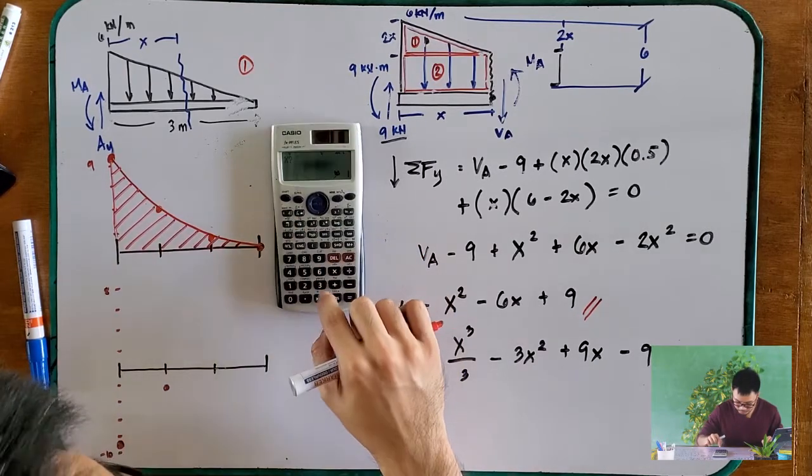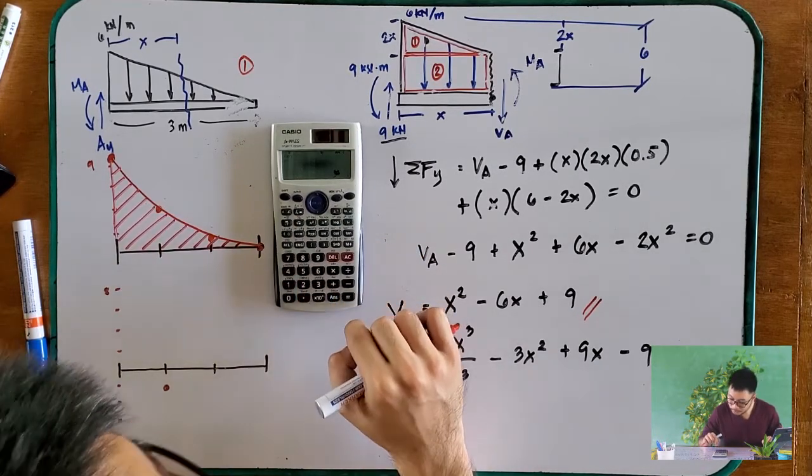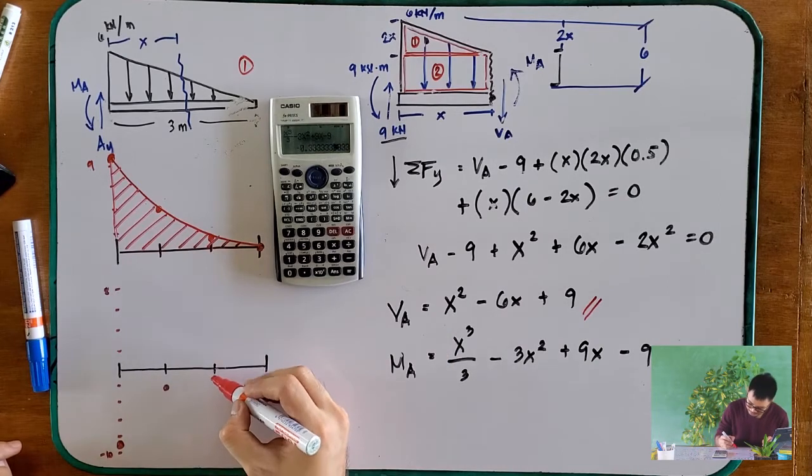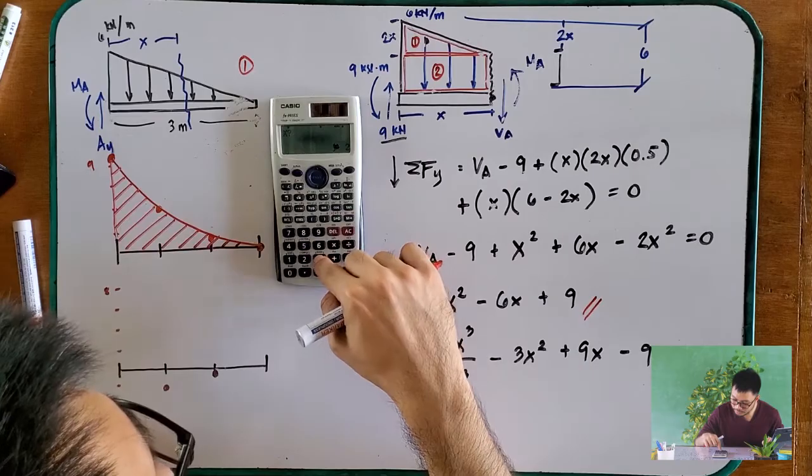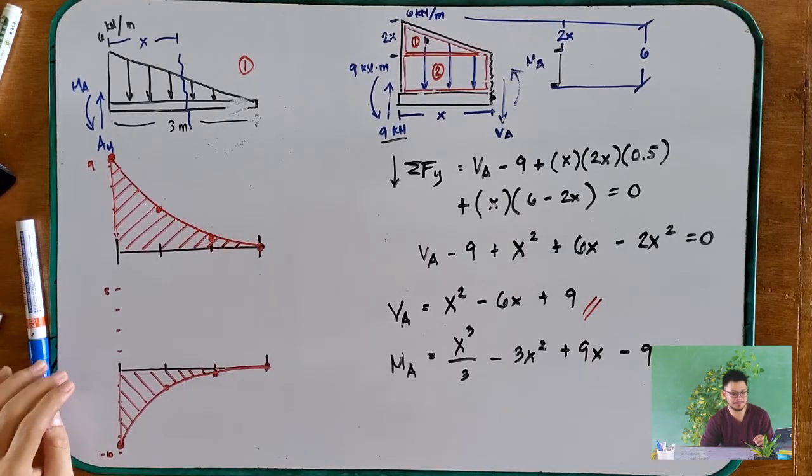How about if 2? 0.333. How about if 3? 0. Is this the right way to draw the moment diagram? I feel it's not right, because it looks off. But anyways, this is your moment diagram.